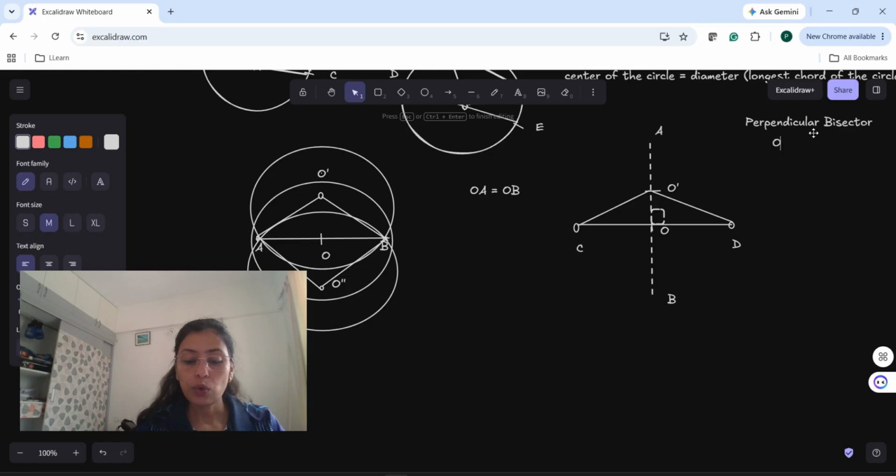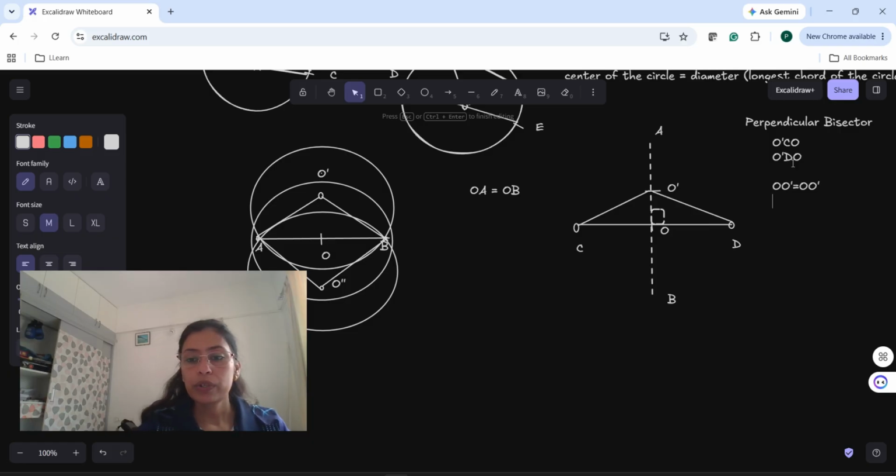O dash C O, and the other triangle is O dash D O. Now here, if you see, O dash is a common side. So O dash is equal to O dash, we can see.